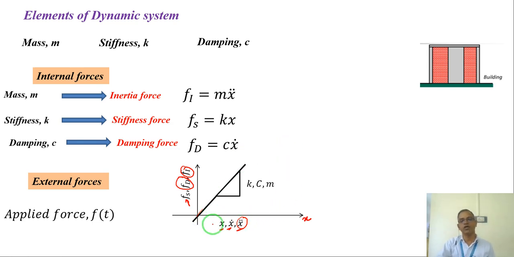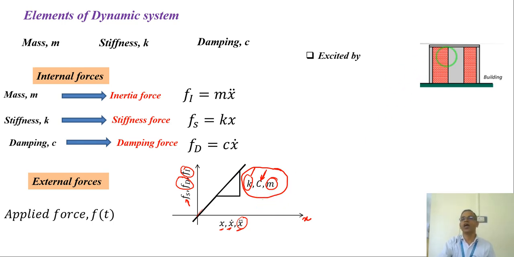So if I have displacement versus spring force, I get the slope of the line, which is known as stiffness. The velocity versus damping force slope we call the dashpot or damping coefficient. The acceleration versus inertia force slope is the mass, right? So these are the elements of your dynamic system. These are to be determined.